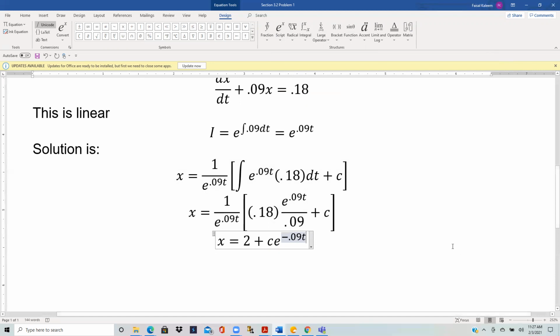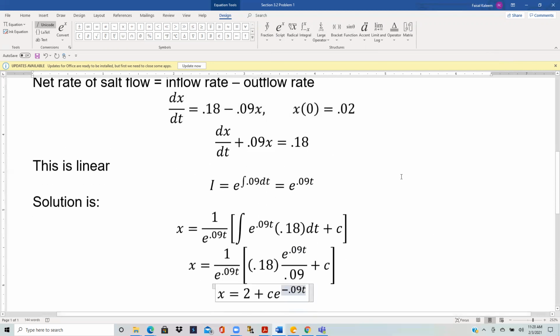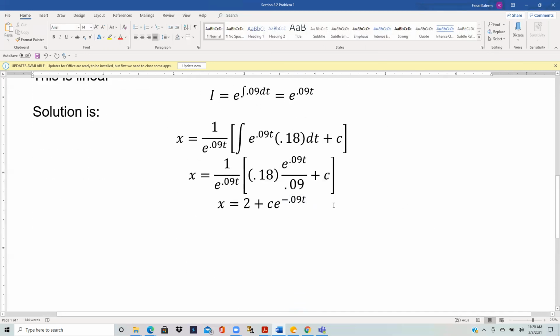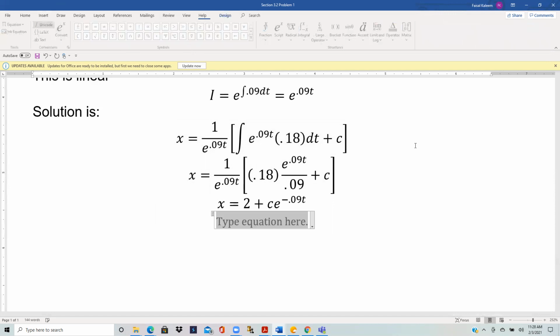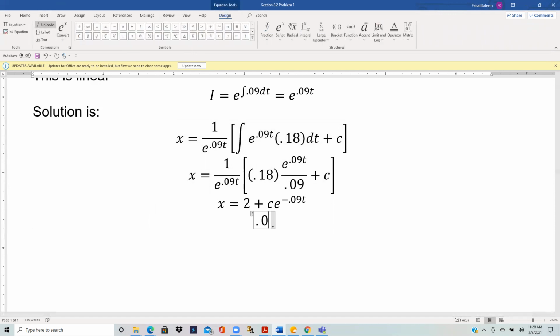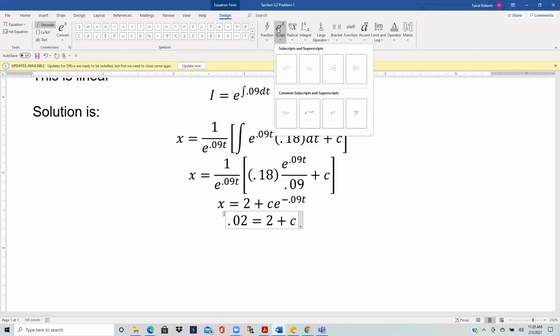Okay, but since we have the initial condition, x of 0 is 0.02, it means that x is 0.02, t is 0, e to the 0.